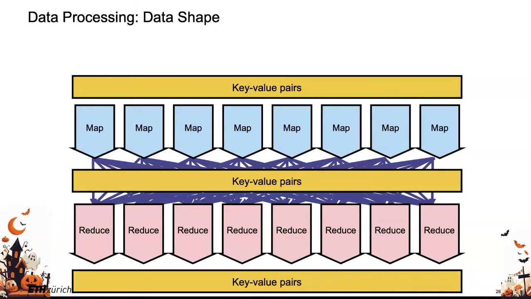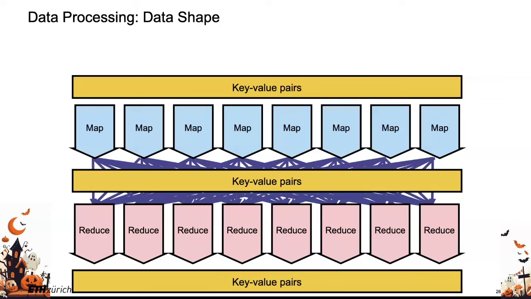But if you hit it with a hammer hard enough without hurting the Pokemon, you realize that you can also consider that the Pokemons are key value pairs. You just make up keys that are dummy keys that can be anything, and then the Pokemon has the value, and you just ignore the key, or the opposite. You can put the Pokemon as the key and an empty value, so you can turn it into a key value pair. So basically, this is the MapReduce paradigm that everything that you process is a key value pair.